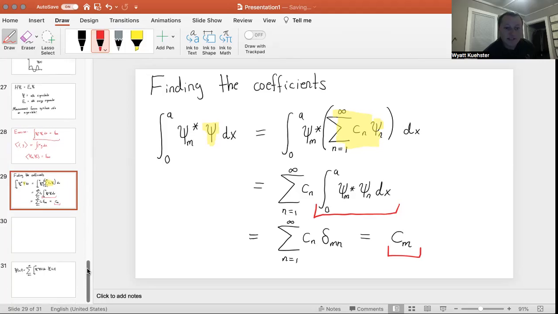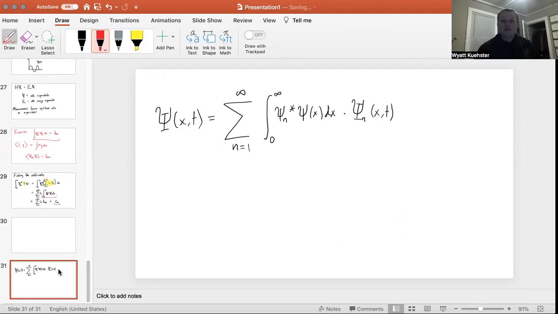So I will include an example on the problem sheet of just some random wave function that's square integrable between 0 and a, and I'll ask you to find the Fourier coefficients in this expansion. And then our final result is, I just replaced cm with this thing, or cn with this thing.